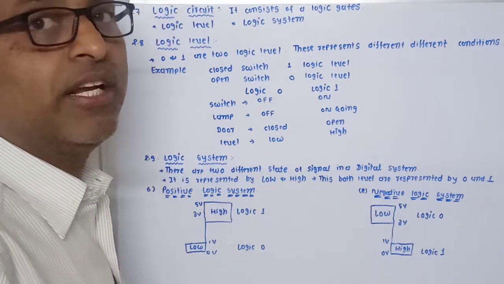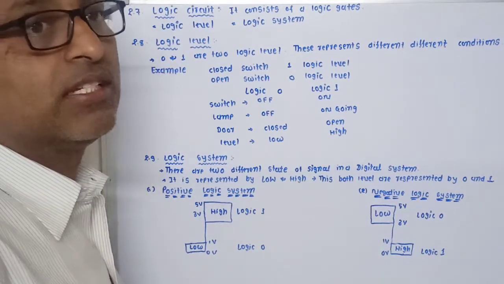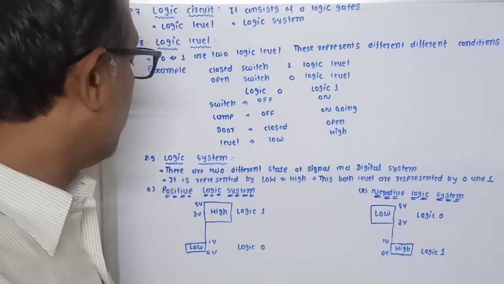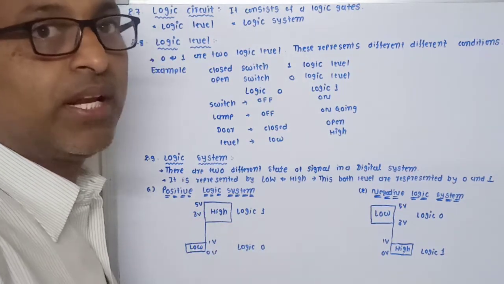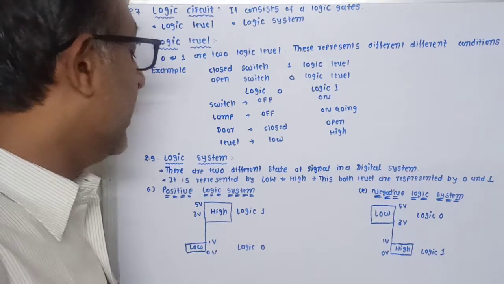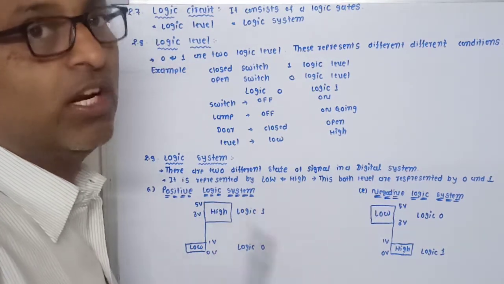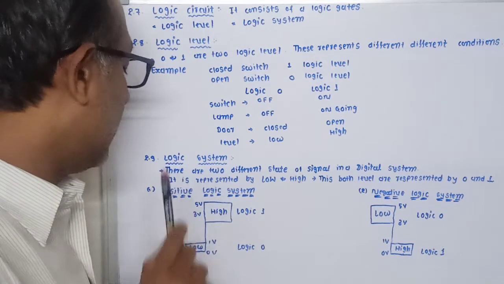In a TTL circuit, 5 volt is used as the supply. In the positive logic system, 3 volt to 5 volt is taken as logic 1, or you can say high.